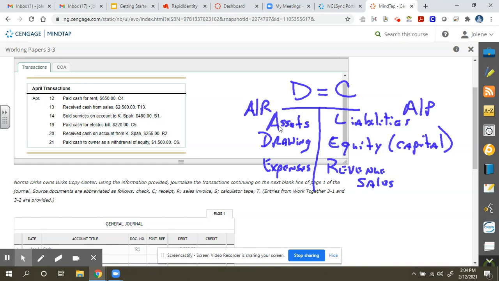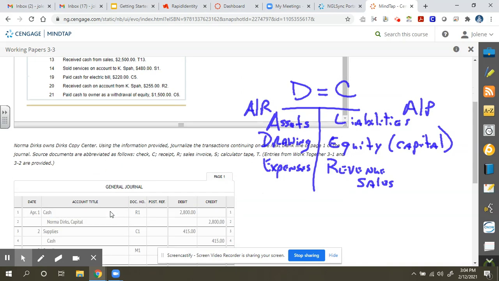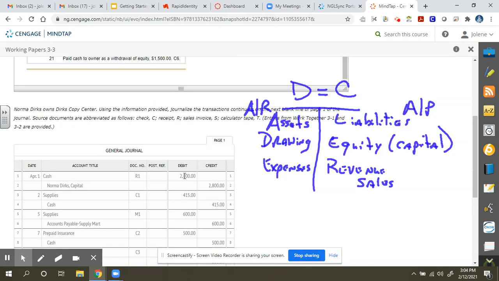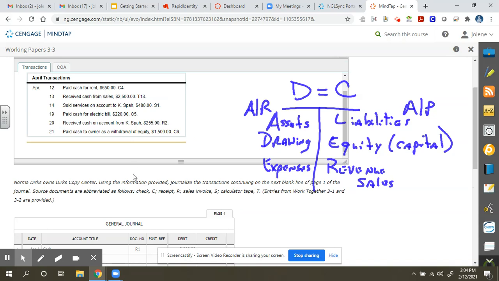Cash is an asset. Assets increase on the debit side. That means that they decrease on the credit side. So for this first one on April 12th, I know that I have to put the 12th, and I know that cash is going to be my credited amount. The amount is $650.